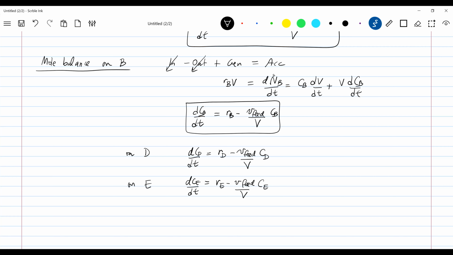Okay, so we've done the mole balances. Now everything is in terms of concentration. You'll see in a moment that actually makes things quite easy for Python for us to solve.